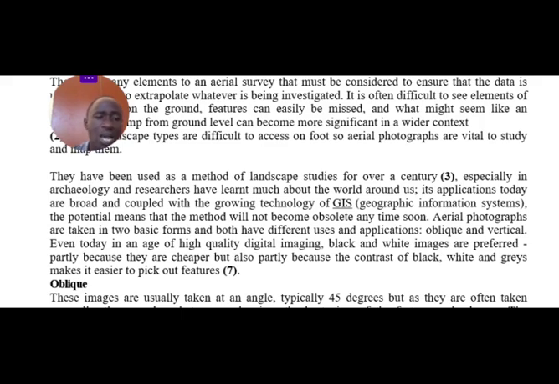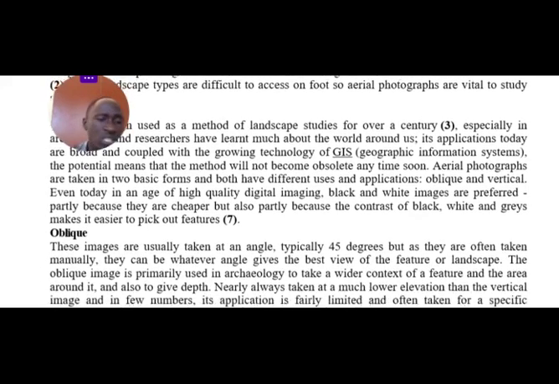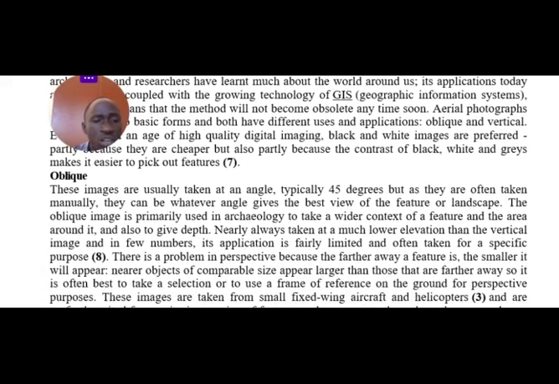They are saying that they are taken in two forms, each having different uses, the application of oblique and vertical. So when you look at aerial photographs, they have what we call the aerial oblique and the aerial vertical. With the aerial oblique, images are usually taken at an angle of 45 degrees. That is the aerial oblique.